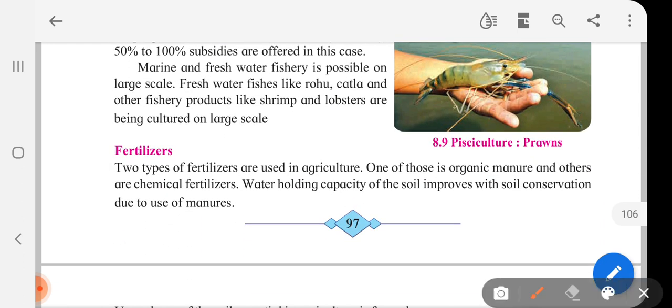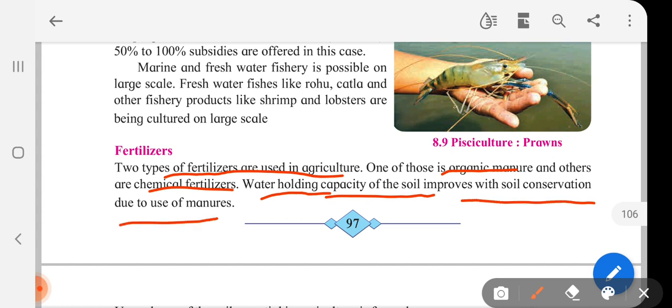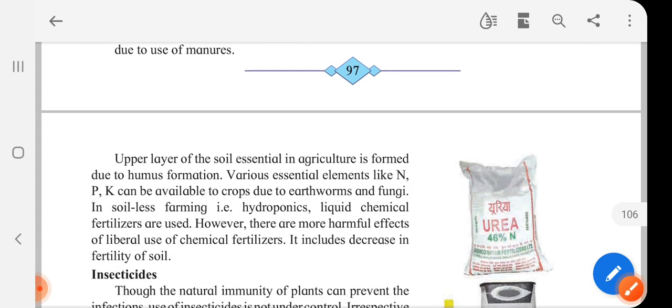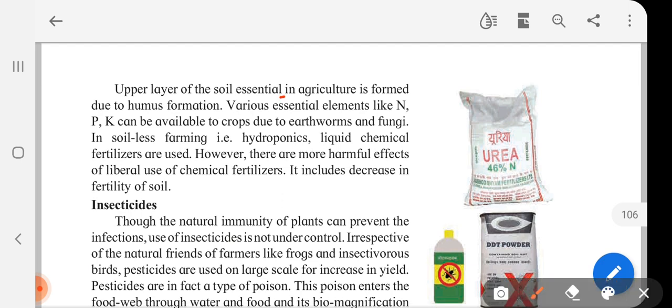Fertilizers. Two types of fertilizers are used in agriculture. One of those is organic manure and the other is chemical fertilizers. Water holding capacity of the soil improves with soil conservation and due to the use of manures. The upper layer of the soil, essential in agriculture, is formed due to humus formation.